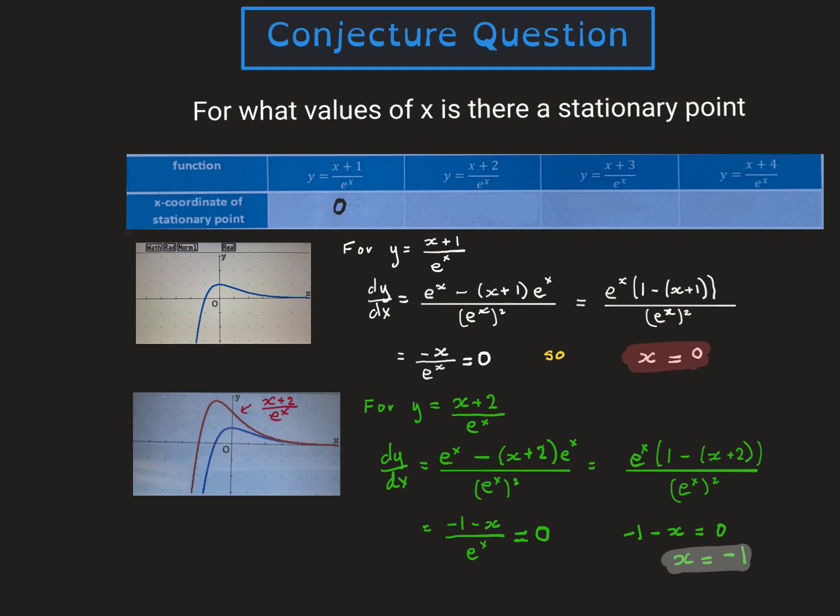And so in the table we can fill in minus 1. And it becomes pretty clear that the next x coordinate will be minus 2, and the next one after that will be minus 3. And you can check it by graph or do the gradient function.